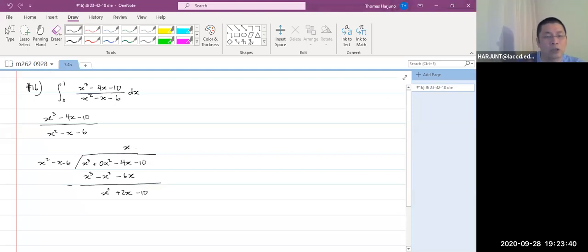X squared to x squared one time, so it's plus 1. Here I get x squared minus x minus 6. When I subtract, I get 3x minus 4. So this is equal to x plus 1 plus 3x minus 4 over x squared minus x minus 6.